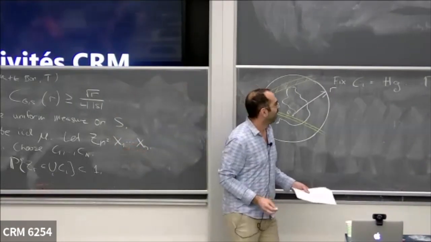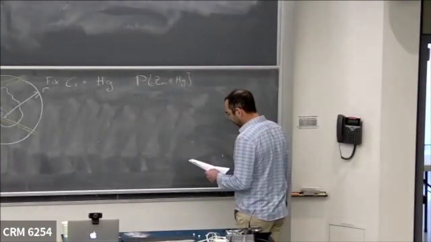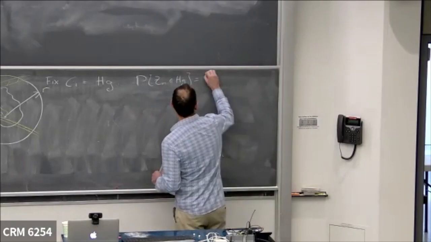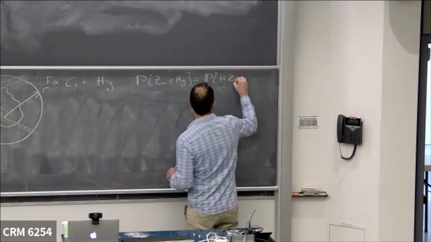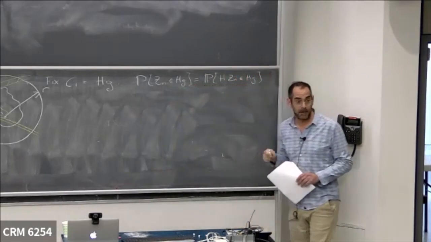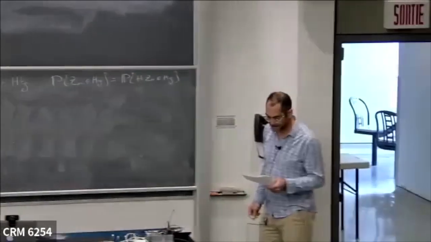Okay. Now, what's the probability that Zn is in this HG? Well, it's the same as the probability that HZn is in HZ. Okay? Good.